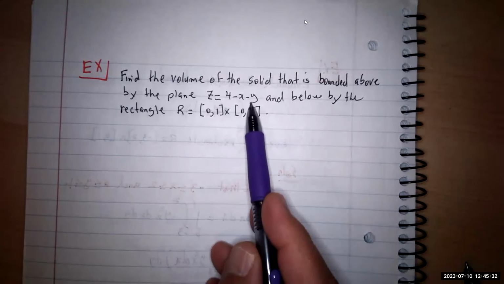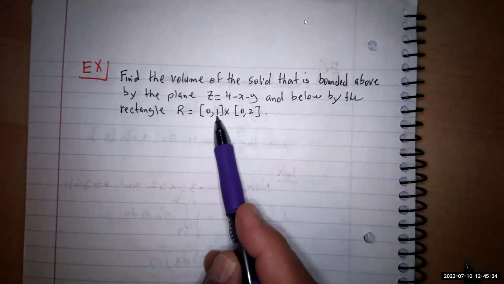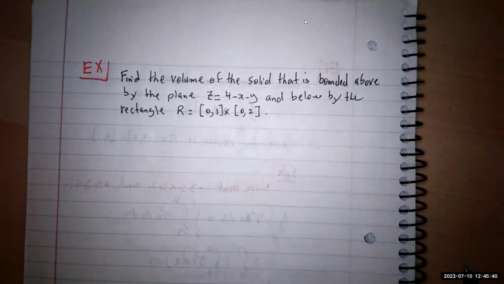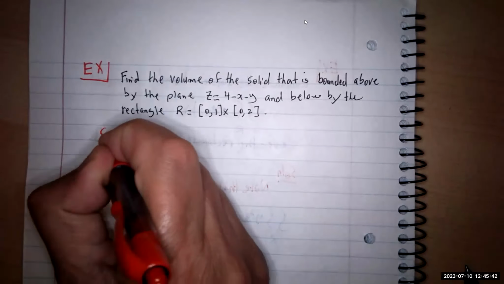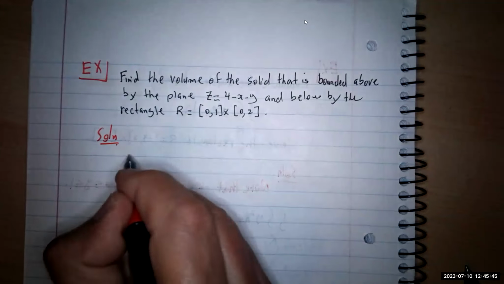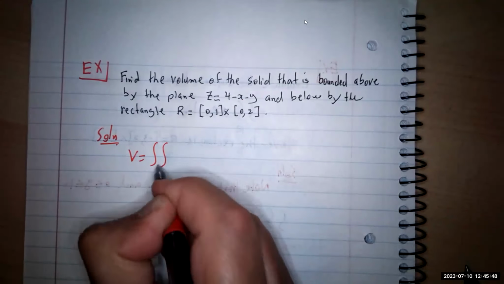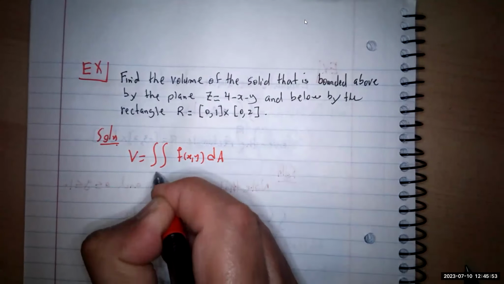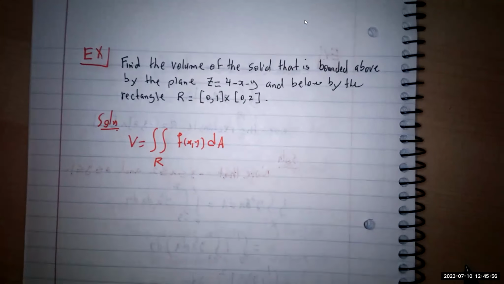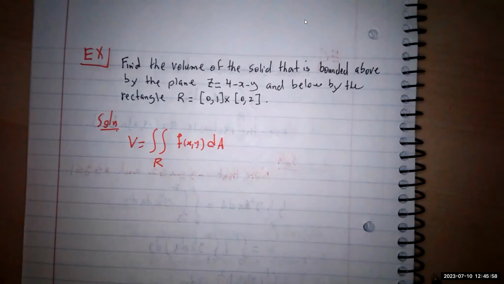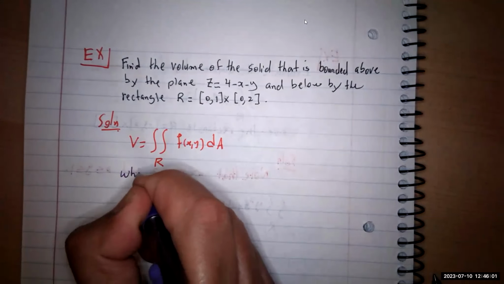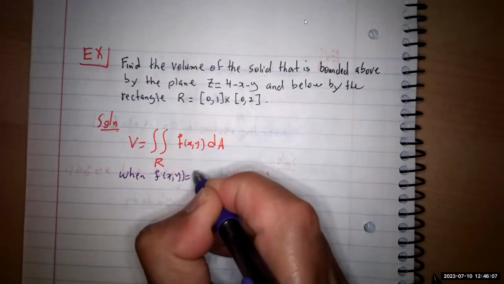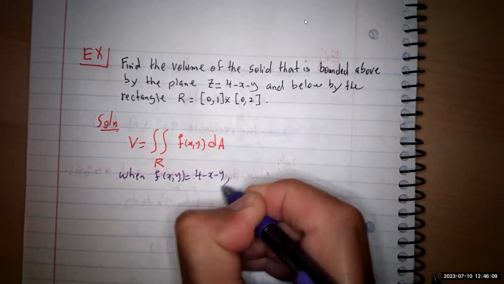This would be your f of x, y. Your x is between 0 and 1, and your y is between 0 and 2. And the volume is just a double integral. So you must know that the volume is going to be the double integral of the function f of x, y, dA, over R. So you have to bring the information. The information is that your function is just the z, the height. So your function is 4 minus x minus y.